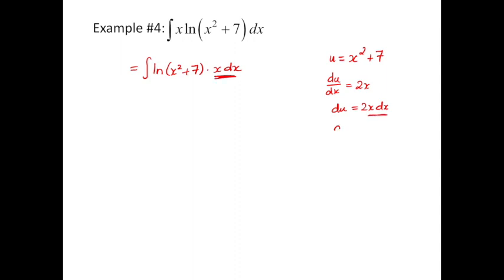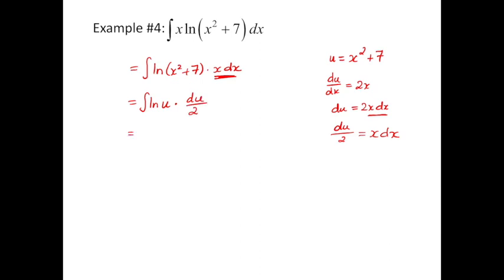So if we divided both sides of this by 2, we'd have du over 2 equals x dx. And then we could make that substitution. We could say, well, x times dx is equal to du over 2. So we could say that this is the integral of ln of u times du over 2.